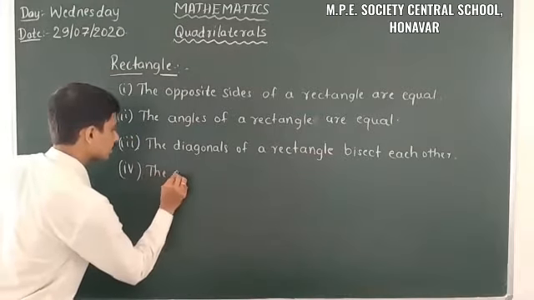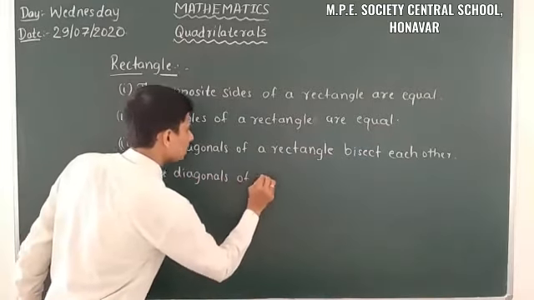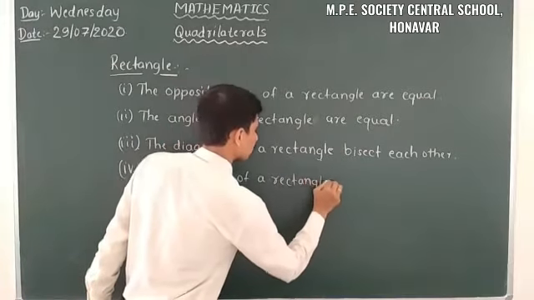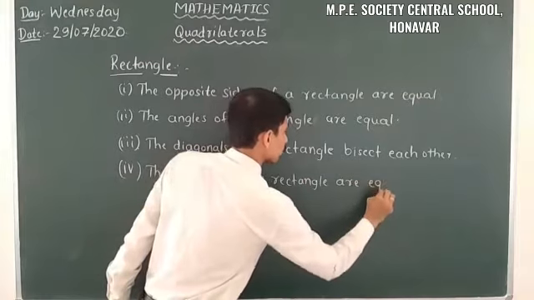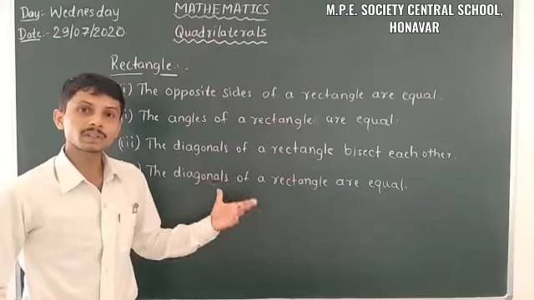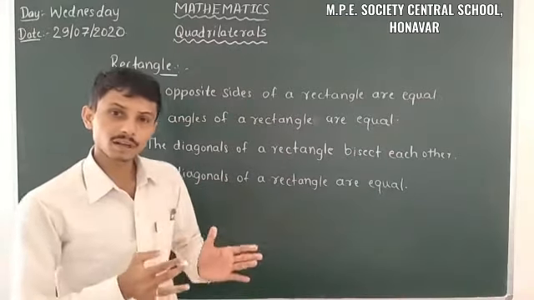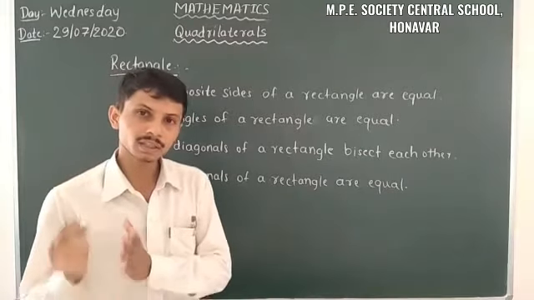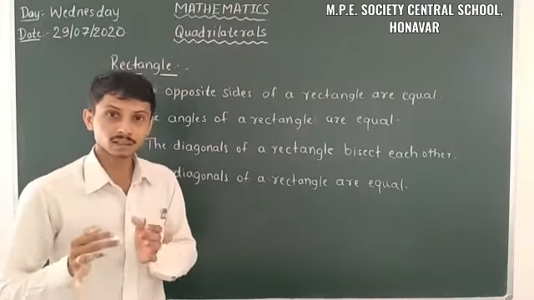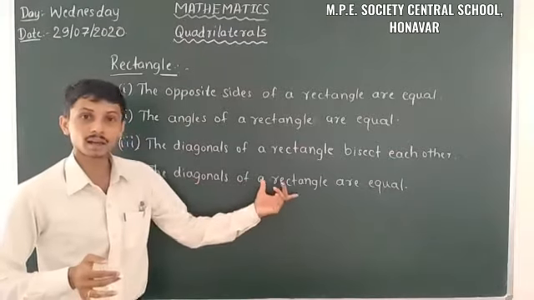The diagonals of a rectangle are equal. The properties of the parallelogram mostly match the properties of the rectangle, but here we can observe only one change: the diagonals of a rectangle are equal.